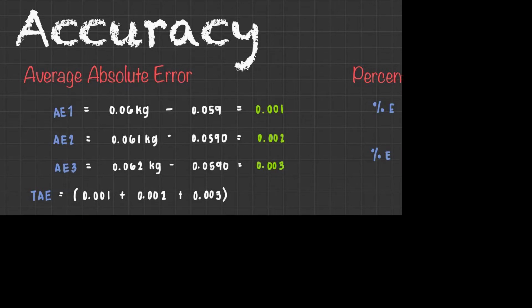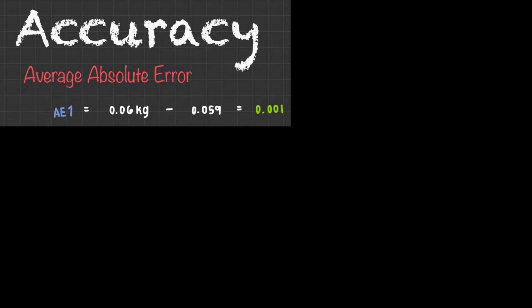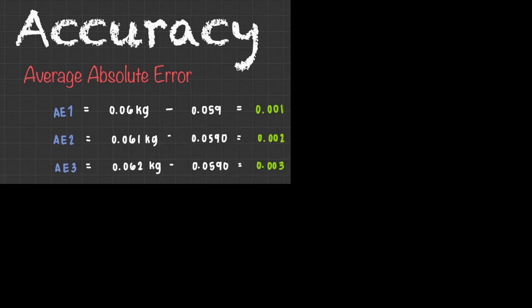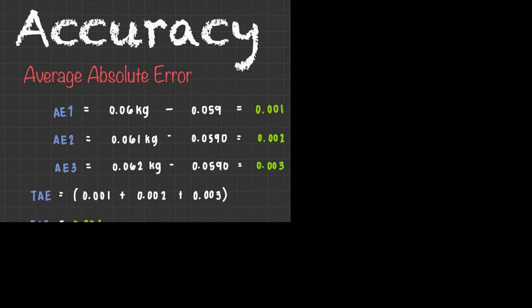With that out of the way, let us now compute for the accuracy and precision of our experiment. We will be using this equation for the percent error of accuracy. Subtract the first trial from the true value to get the first absolute error. Repeat for trials 2 and 3. Combine the differences to get the TAE.